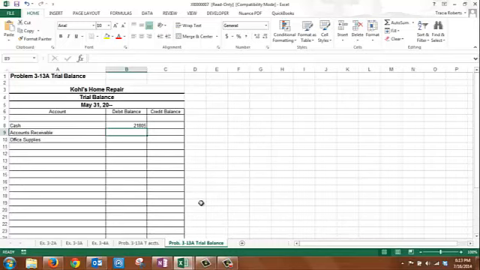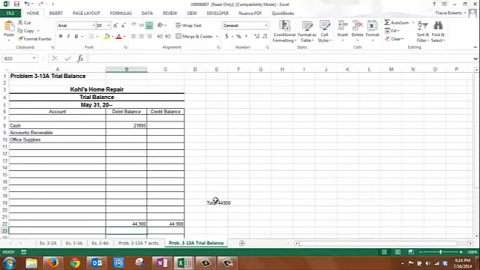At the end, once you've completed all of your transactions, the total at the end of each column should end up being $44,900. So when you get done putting in all your transactions for the debit balance, it should come down to $44,900. And also on the credit balance, it should come down to $44,900.